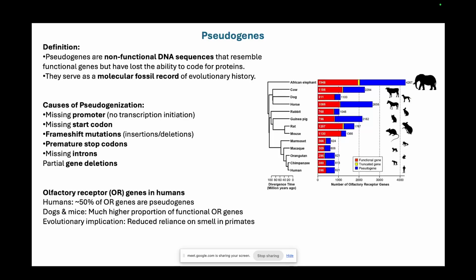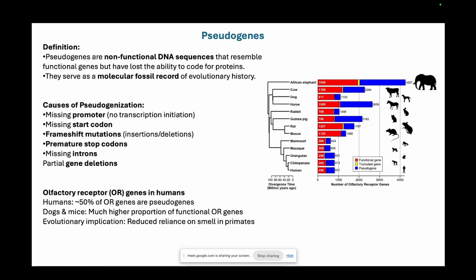So almost 50% of olfactory receptor genes are pseudogenes in humans, compared to dogs and mice. If you see their proportions, the blue part here is the pseudogene and the red part is the functional gene. So if you compare dogs with humans, below you see a greater proportion of pseudogenes in humans, right?